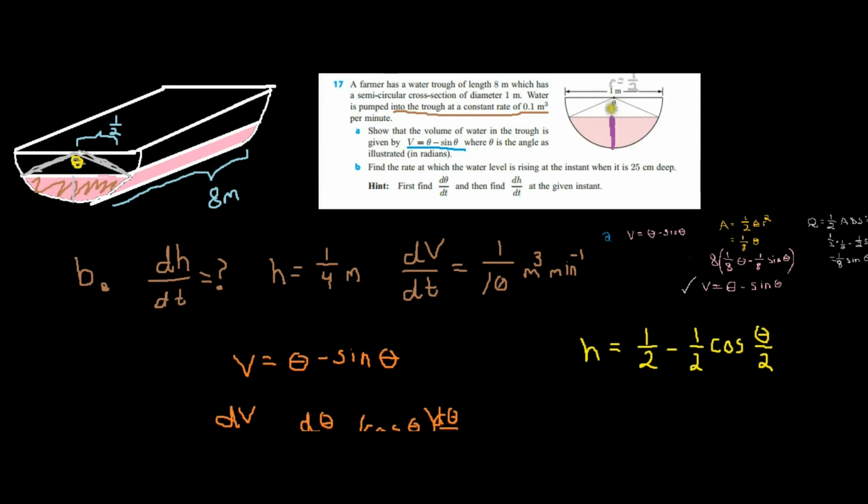Because in this triangle, if we split theta in 2, then the angle here is going to be theta over 2. The cosine of this is equal to the adjacent, which is this height, divided by the hypotenuse, which is the radius. The radius is 1/2. So 1/2 cosine of theta over 2 is equal to this blue part right here.